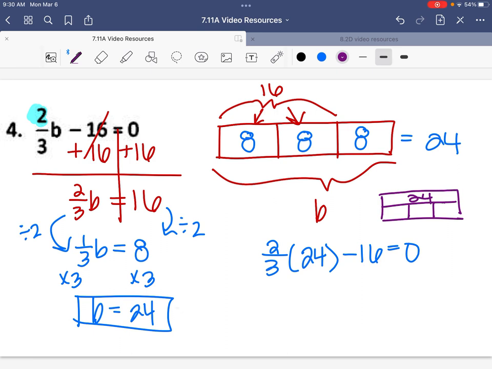So I'm going to break it into pieces of 3, and each one is 8. But I only want 2 of them. So it's 2 8s, which is 16. 16 minus 16, and that does equal 0. So we've solved it, we've checked it, and the value of b is equal to 24.